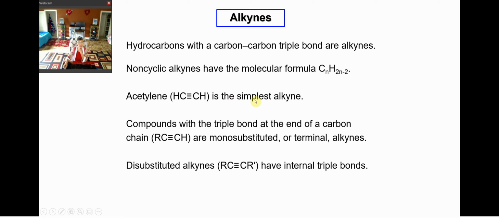So the simplest alkyne is known as acetylene. Acetylene has the formula C2H2. Between the carbon atoms, you form a triple bond. And the compounds with the triple bond at the end of your carbon chain, such as R-C triple bond CH, like this molecule, are monosubstituted.